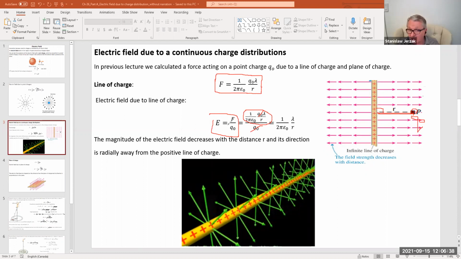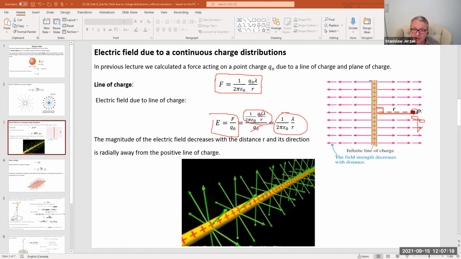The electric field due to the entire infinitely long line of charge, a distance r from that line of charge, is given by this expression, 1/2 pi epsilon 0 lambda divided by r, where lambda is the linear charge density on that line of charge, and r is the perpendicular distance. This angle is 90 degrees. Point P is radial distance r from the line of charge. So here I use the definition and our previous result, which we derived in previous lectures, to now calculate the electric field due to a line of charge.